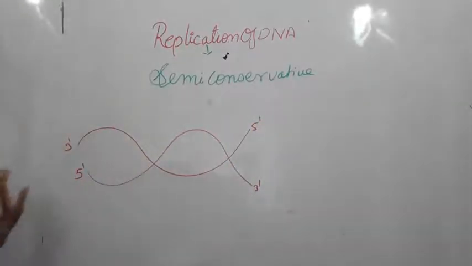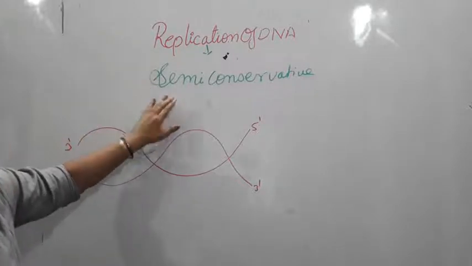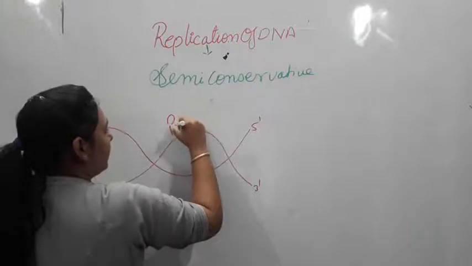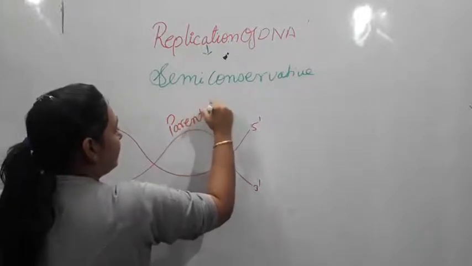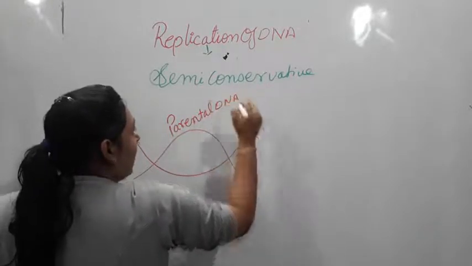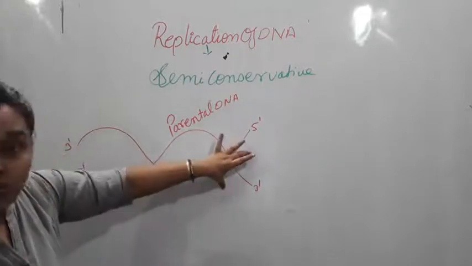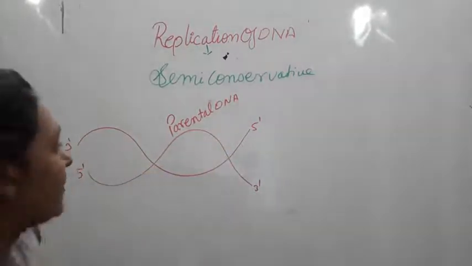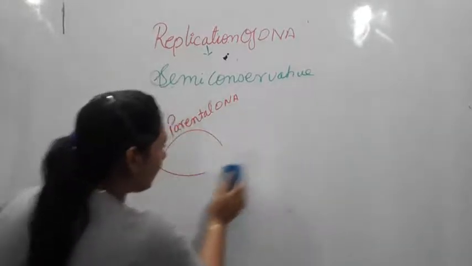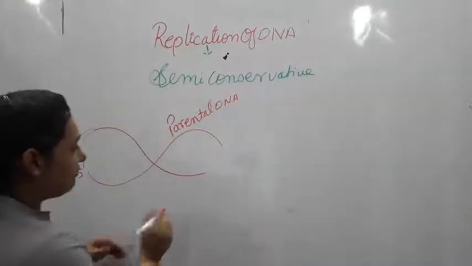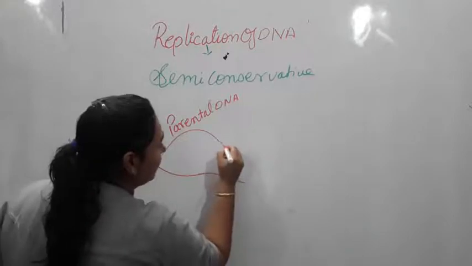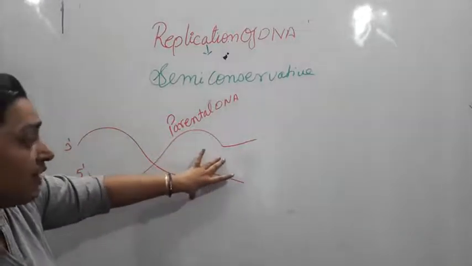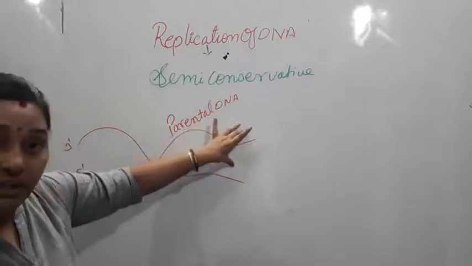Now what happens in the replication, this parental DNA, for example, you name it as a parental DNA. As you can see here, these two strands of it, right? So we'll do one thing, we'll just minimize it and we'll see. Now I will extend it, okay, and this one also. So now these two templates, these two strings of DNA are there.